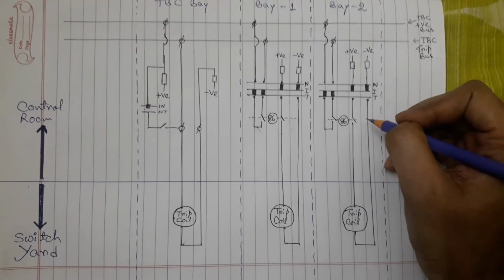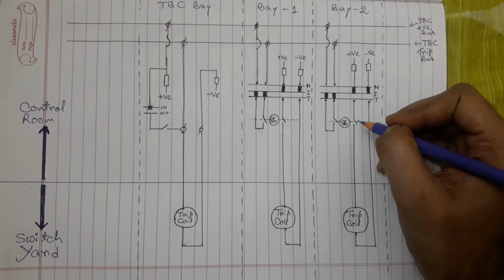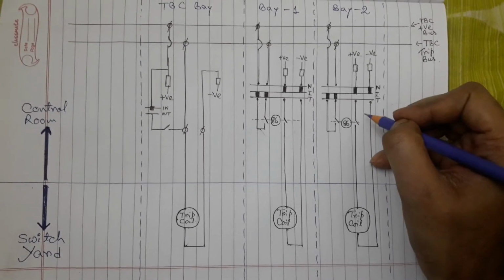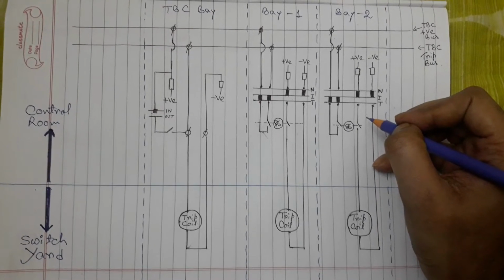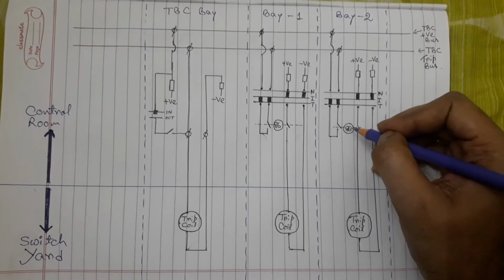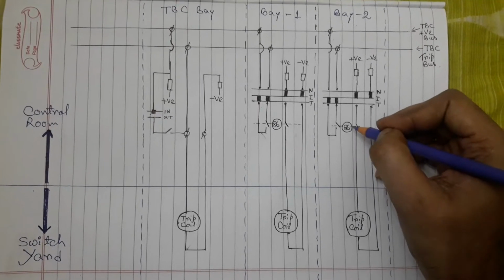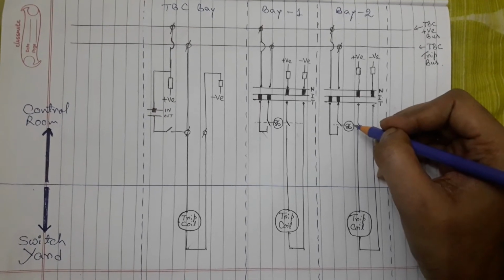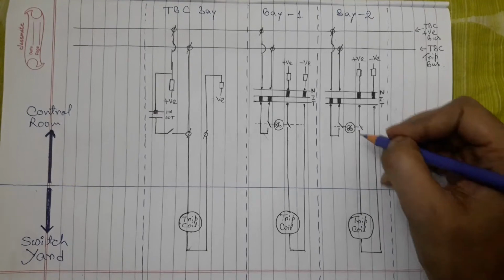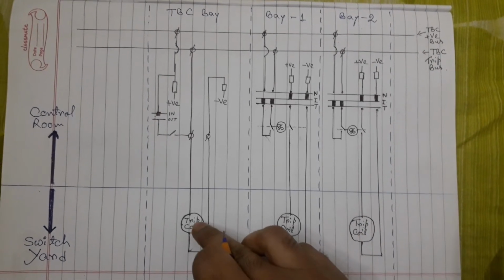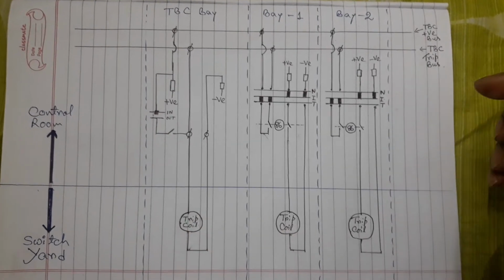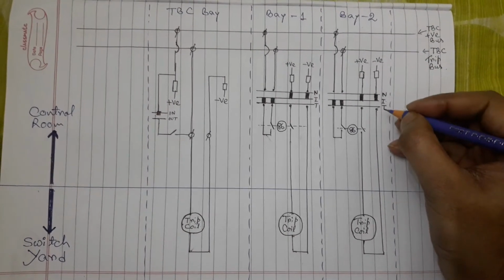Now if any fault occurs in this bay, suppose overcurrent or distance protection will operate, and as a result this 86 will operate. But whether the operation of this 86 will trip this circuit breaker or this circuit breaker is decided by this switch.